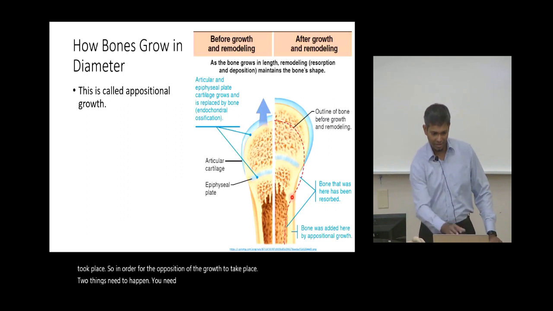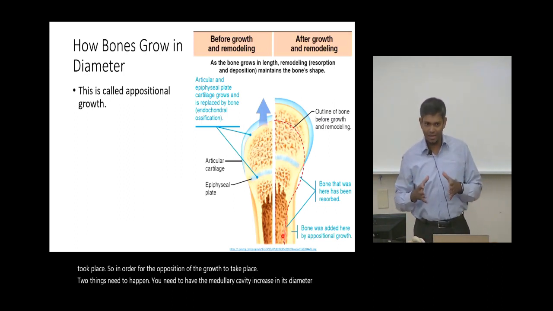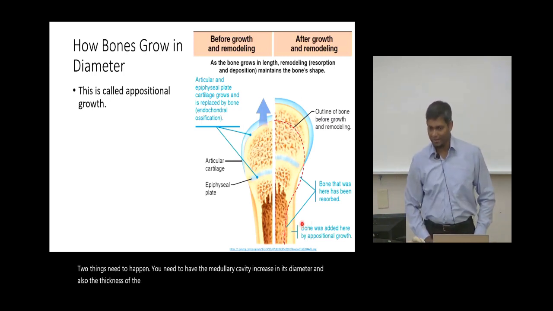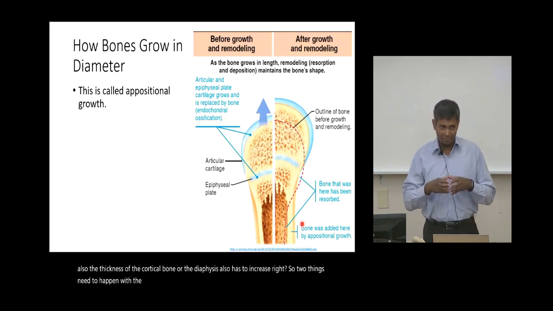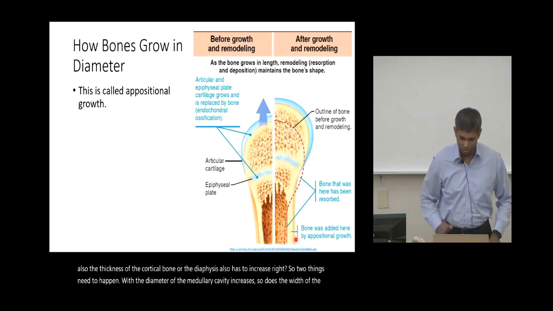You need to have the medullary cavity increase in its diameter, and also the thickness of the cortical bone or the diaphysis also has to increase. Right? So two things need to happen. The diameter of the medullary cavity increases, so does the width of the cortical bone here.